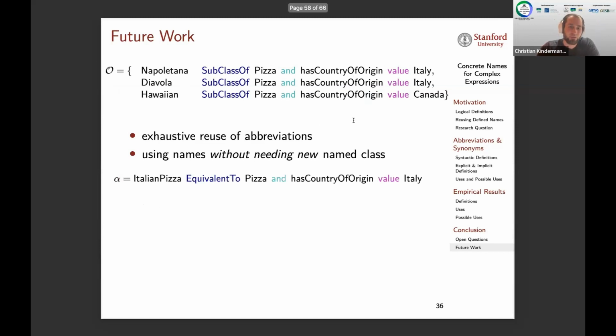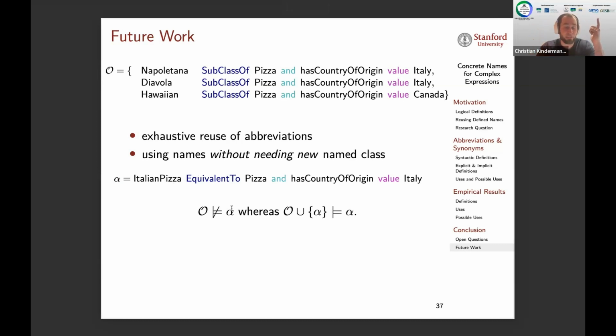So you could say, since this expression occurs twice, how about we name this and make this expression equivalent to the named class Italian pizza, and that would then allow us to replace these complex expressions with this named class. But if we do that, we essentially change the meaning of our ontology, because we've now introduced a new named entity into our ontology, and that also affects the class hierarchy that we're constructing, right?